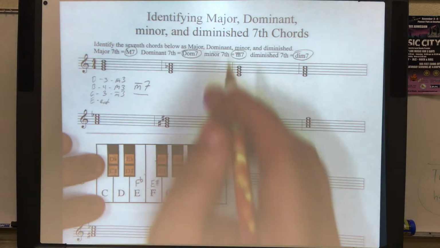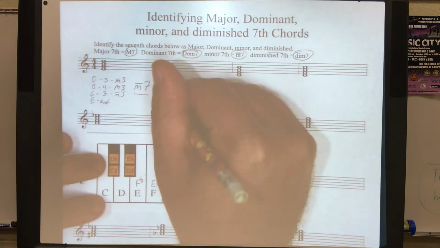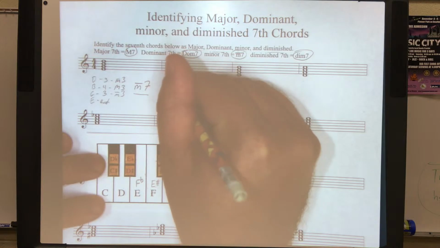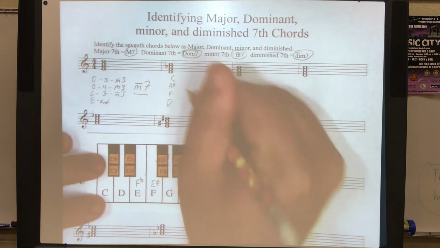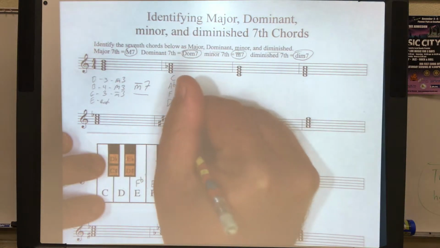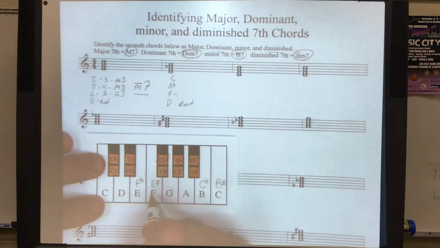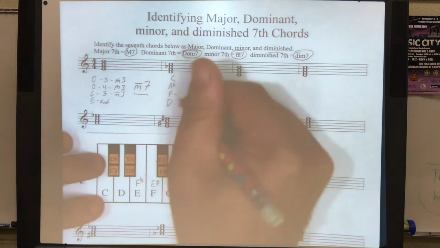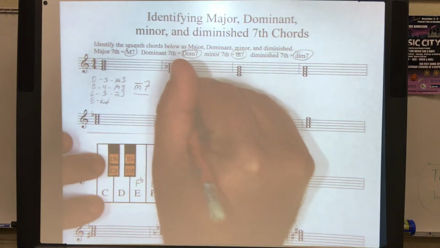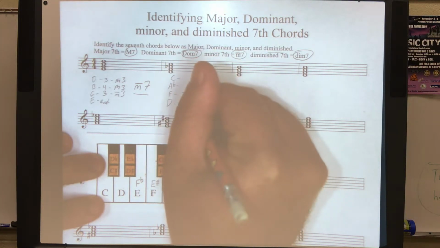Sorry about that. Our next chord is D, and again we're writing the note names: D, F, A flat, and C. Obviously D is the root. D to F, 1, 2, 3 half steps, we know that's a minor third.